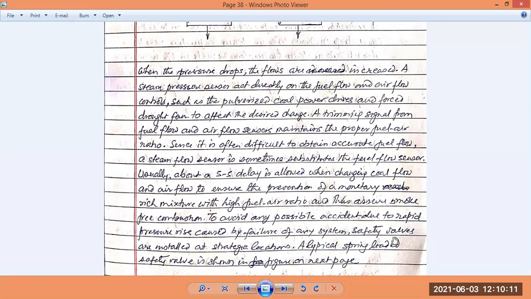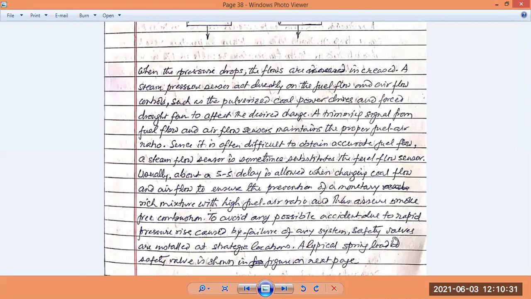Both the amount of fuel, which is coal, and the forced draft fan speed are required to control the power and how much air is being delivered.